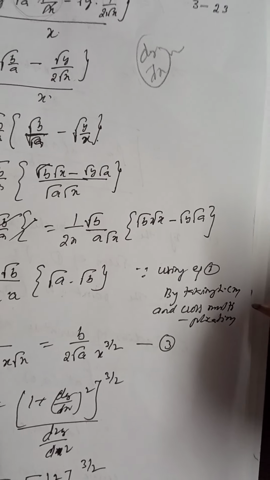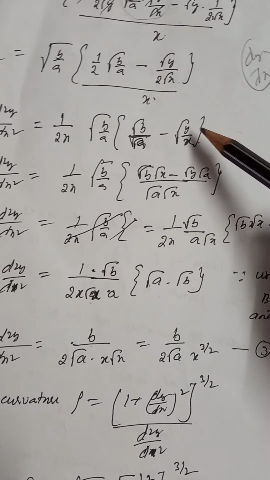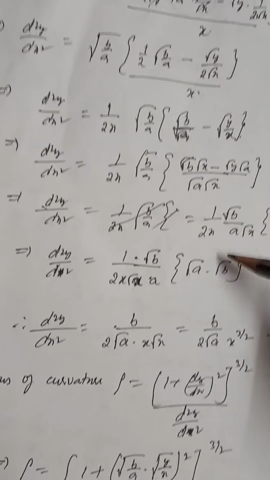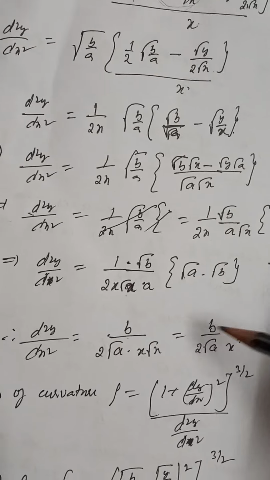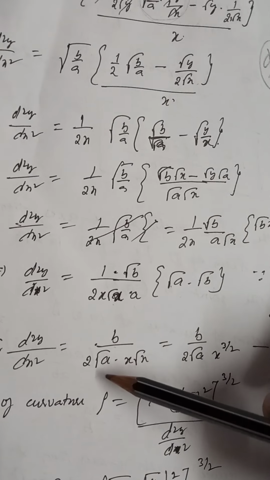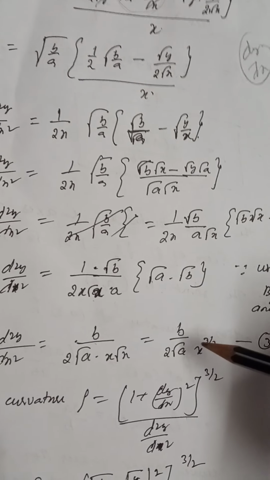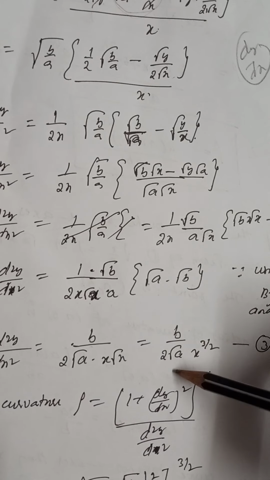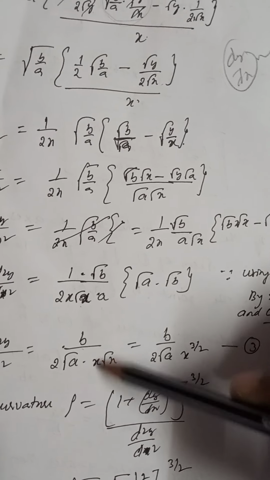Now by taking LCM, I have written a hint here, and cross multiplying, please go through this derivation carefully. D square y by dx square is equal to b by 2 root a into x root x, or you can write b by 2 root a into x to the power of 1 square.